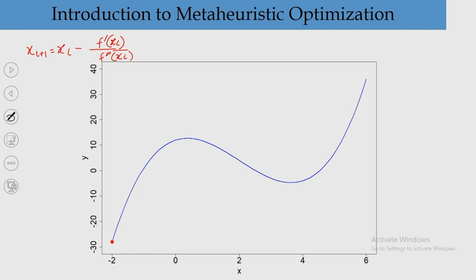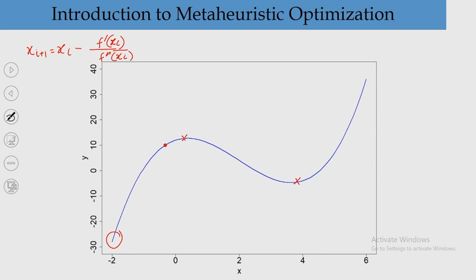Now, just see. This is a non-convex function, and there is a maxima here and there is a minima here. Now, if I apply the Newton-Raphson method here, suppose I have taken this as an initial point, that is -2 as an initial point, and I apply Newton's method.